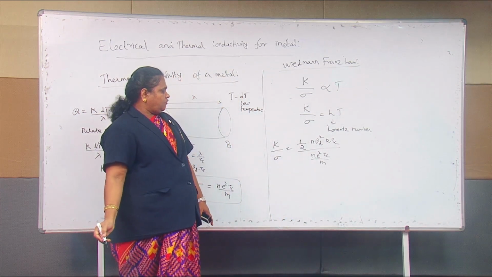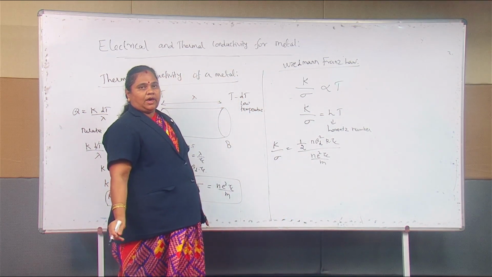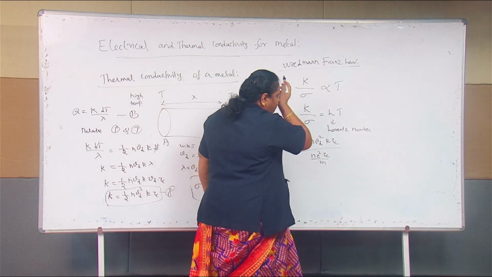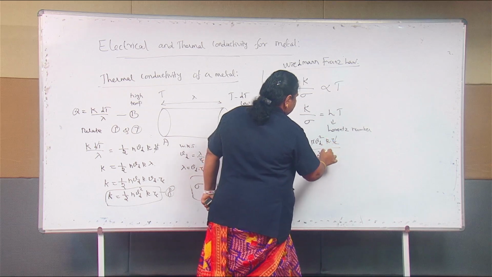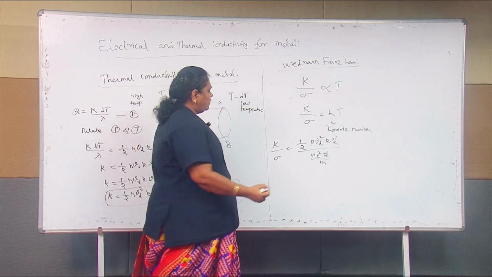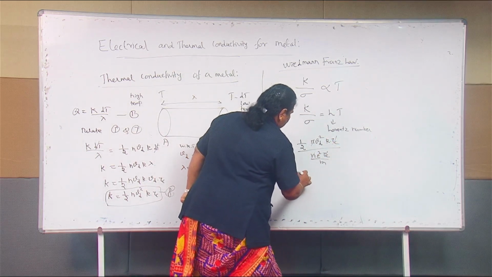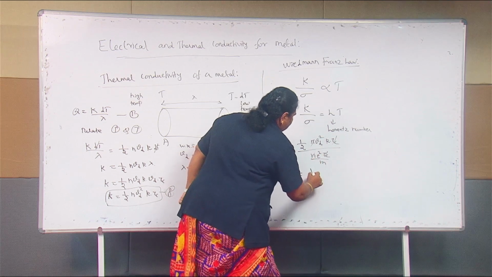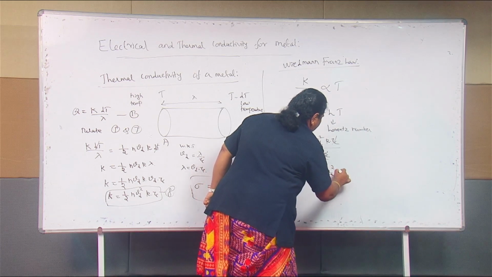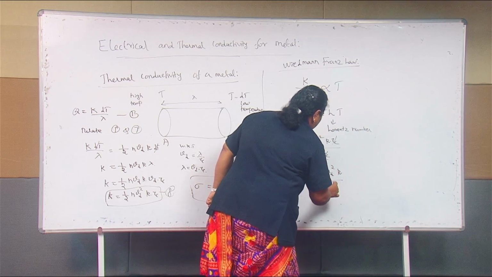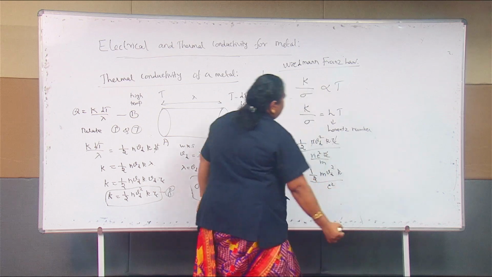I substitute the expressions for K and sigma over here. So n and n get cancelled, tau_c gets cancelled, and the m moves towards the numerator. So we get 1 by 2 m v_d squared into c divided by e squared, right?